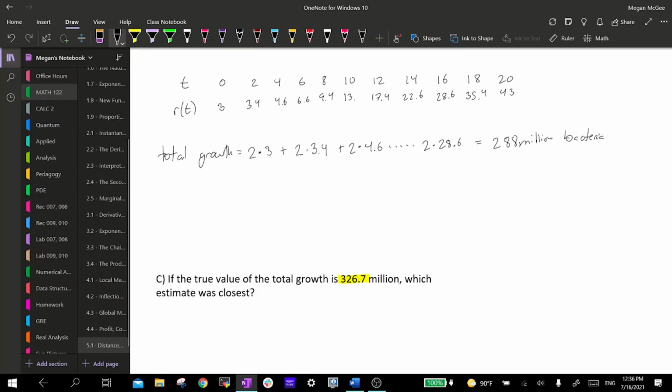And the answer is the second approximation, with delta t equal to 2. So maybe if you want, try it again with delta t equal to 1 and see, can you get even closer to that 326.7 million number?